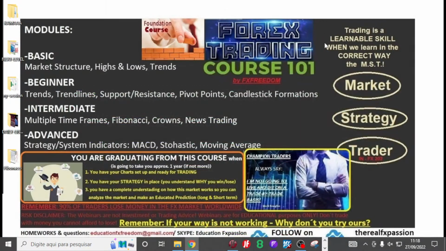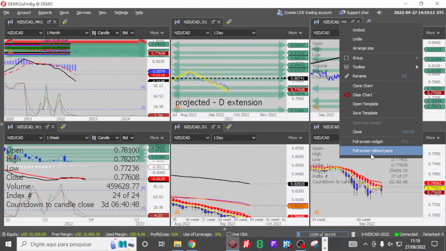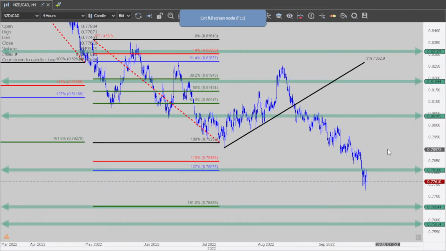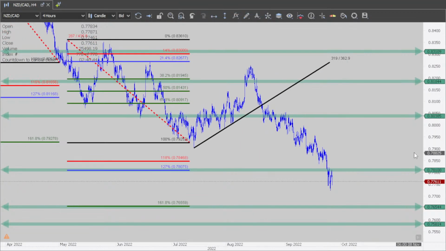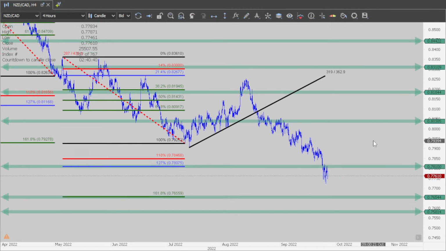Trading is a learnable skill when you learn in the correct way. Some traders are stubborn, they want to be right, and they open a live account, but then they are not learning in the correct way. And guess why not? Because they are afraid of losing money. Exactly.